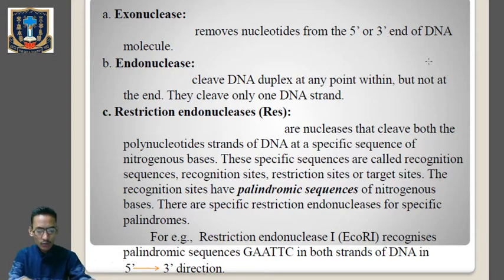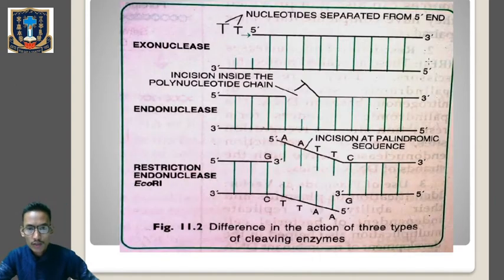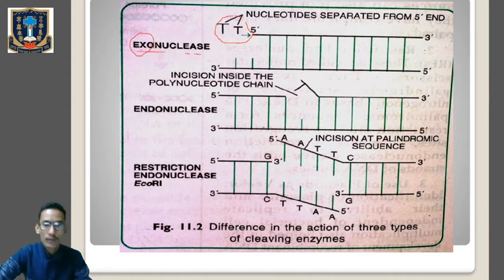So this exonuclease will remove the nucleotides from the 5' end or from the 3' end of the DNA molecule. Look at diagram 11.2. You can see over here the nucleotides are being removed from the 5' end of the DNA molecule, and this is due to the activity of which enzyme? Exonuclease enzyme. Exo means outside, from the end.